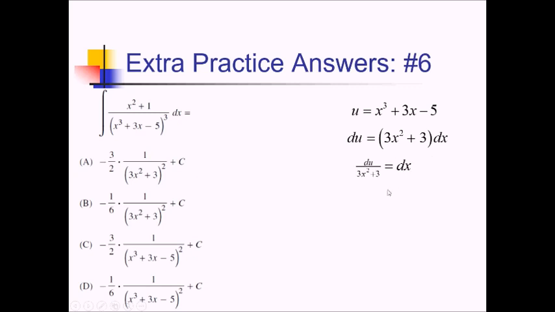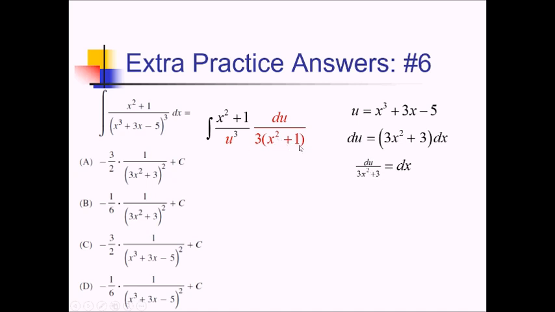And now it's time to do some substitutions. So back at the original, I'm going to replace all this stuff in here with just u. So I have u cubed down there. And dx, I'm going to swap that out for du over 3x squared plus 3. And at this point, notice how I actually, while I did that, factored a 3 out of there.